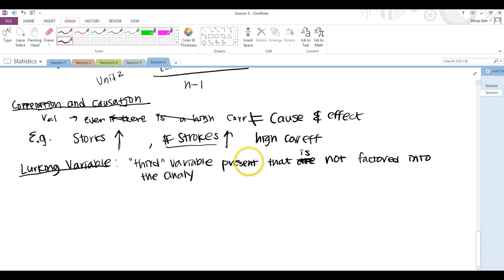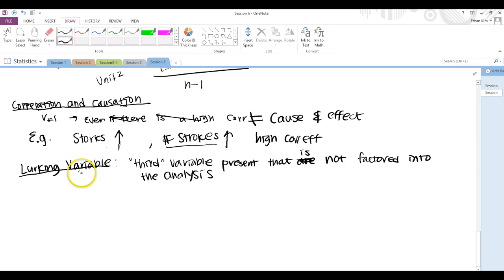So what it means is that when we're doing the correlation coefficient, we're only looking at two variables, right? But there might be a third variable that's affecting the data. The lurking variable happens when we do not factor into account what's going on.